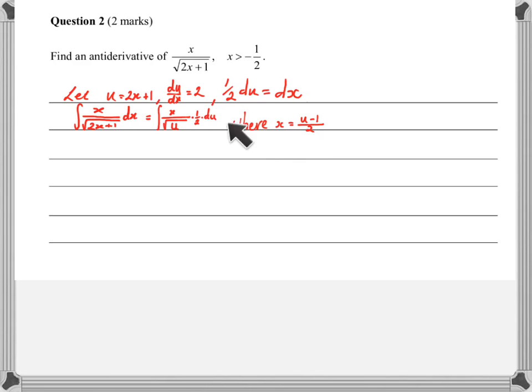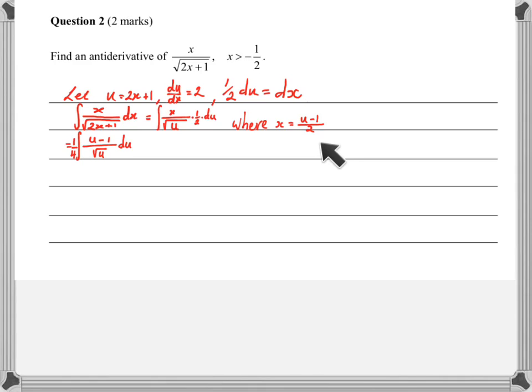First off, we're going to draw on our relationship between u and x. Can we transpose this relationship for x? Yes, we can, and we will get this. So x in terms of u gives you this expression: u take 1, divided by 2. So let's substitute that in.